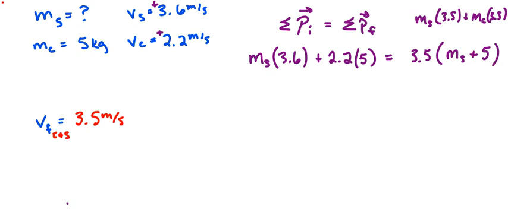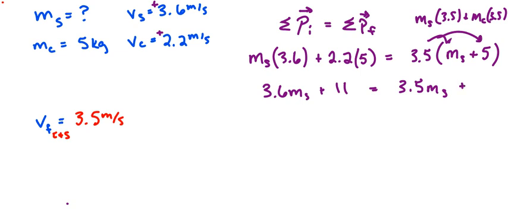Okay, so now we can do a little bit of simplifying. On the left side, I'll do 2.2 times 5 to get 11. So it's 3.6 mass of the salamander plus 11, and that is kilogram times meter per second. And over here, I'm distributing this 3.5 to both of these terms, plus 15, 17 and a half.